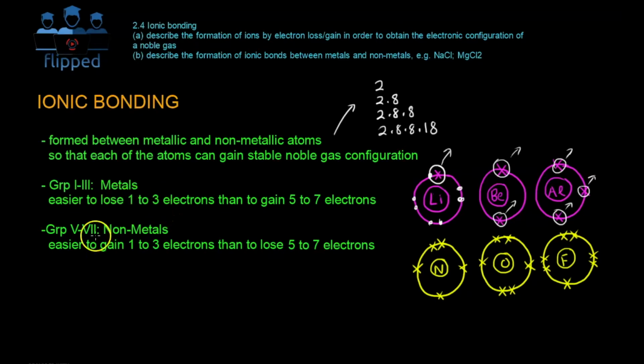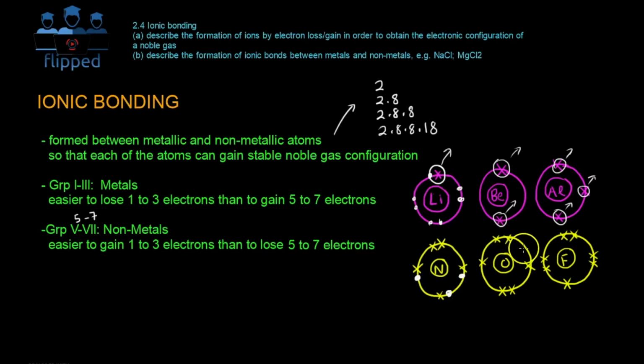On the other hand, group 5 to group 7, this is 5, and VII is 7, are non-metals. They would rather gain electrons than lose electrons, because their valence shell already has quite a lot of electrons. For example, nitrogen has 1, 2, 3, 4, 5, so to gain 8, the holy grail number, 2,8, it would rather gain 3 more electrons.